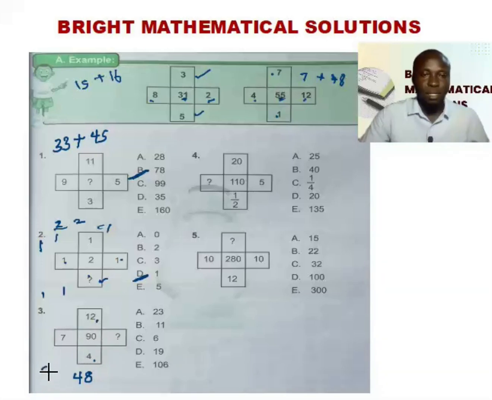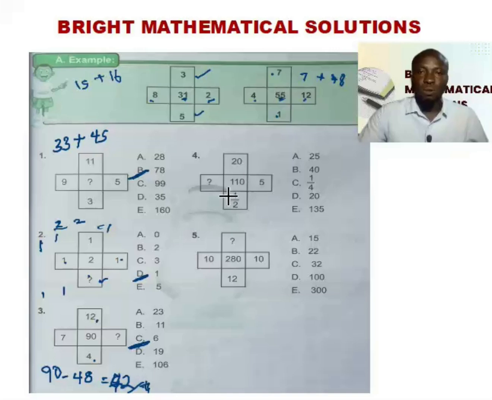That is 90 minus 48, and that gives us 42. Sorry, that gives us 42. So 42 divided by 7 gives us 6. So our answer here is C, 6.